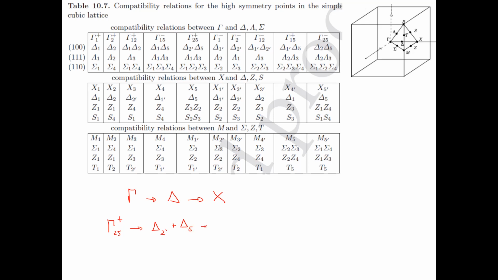So how can I find which states correspond to the symmetry states at X? Here I have the compatibility between X and delta, right?